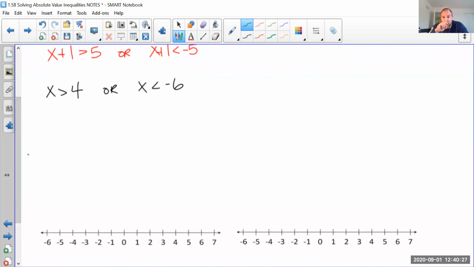So remember, if it's or, anything that we have is a solution. So when I graph this, I have an open circle at 4 going greater than, and an open circle at -6 because it's not equal to, and then less than.